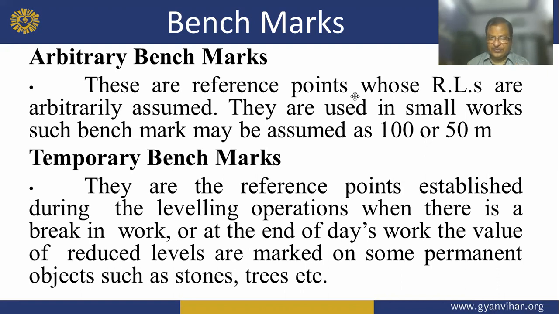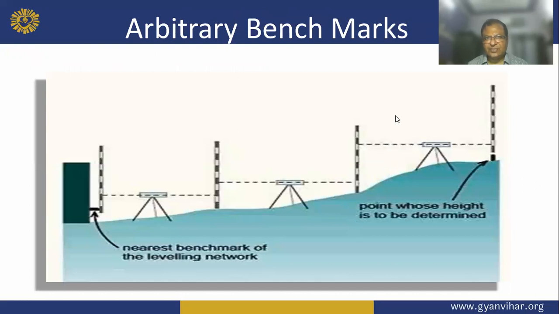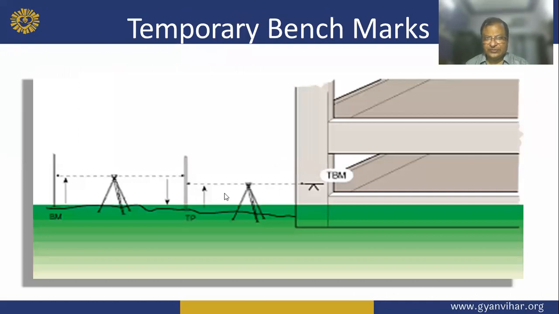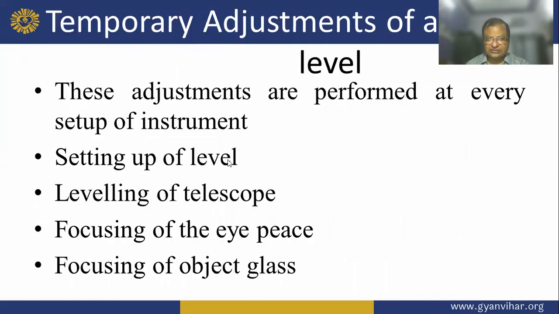Then temporary benchmarks are reference points established during the leveling operation when there is a break in work or at the end of the day's work, and the value of the reduced level is marked on some permanent object such as a stone or tree. This is the arbitrary benchmark. This is the temporary benchmark. See this.